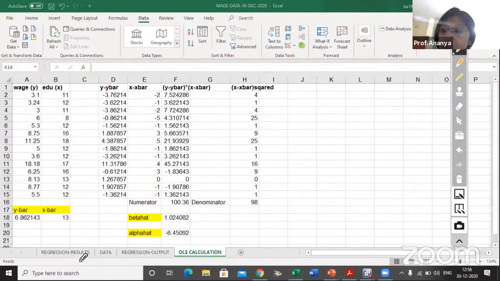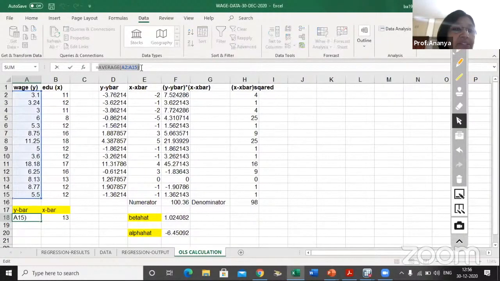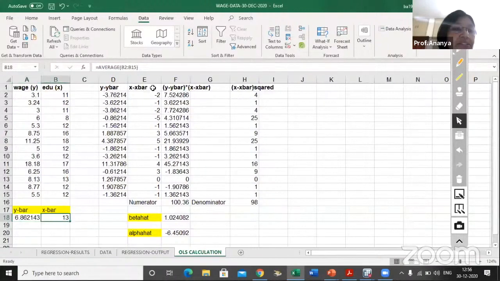If I show you the formula, this is the average, y bar, and this is x bar.